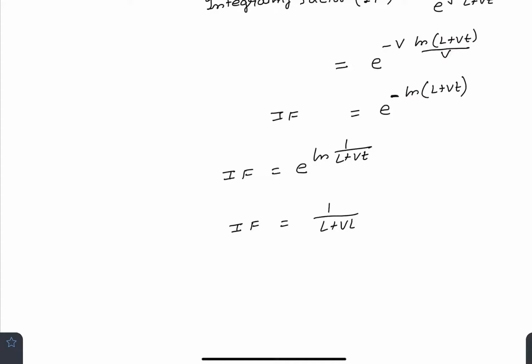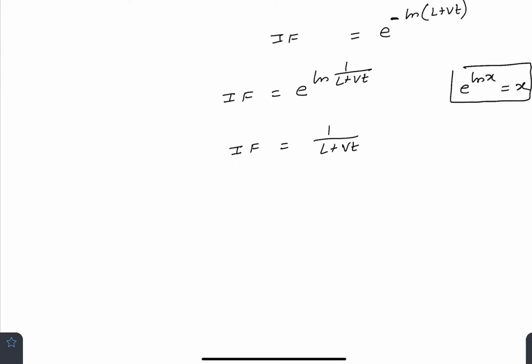Whenever you have e raised to ln x, that can be directly written as x. Similarly, here you have e raised to ln 1 by L plus Vt, so we have directly written 1 by L plus Vt.